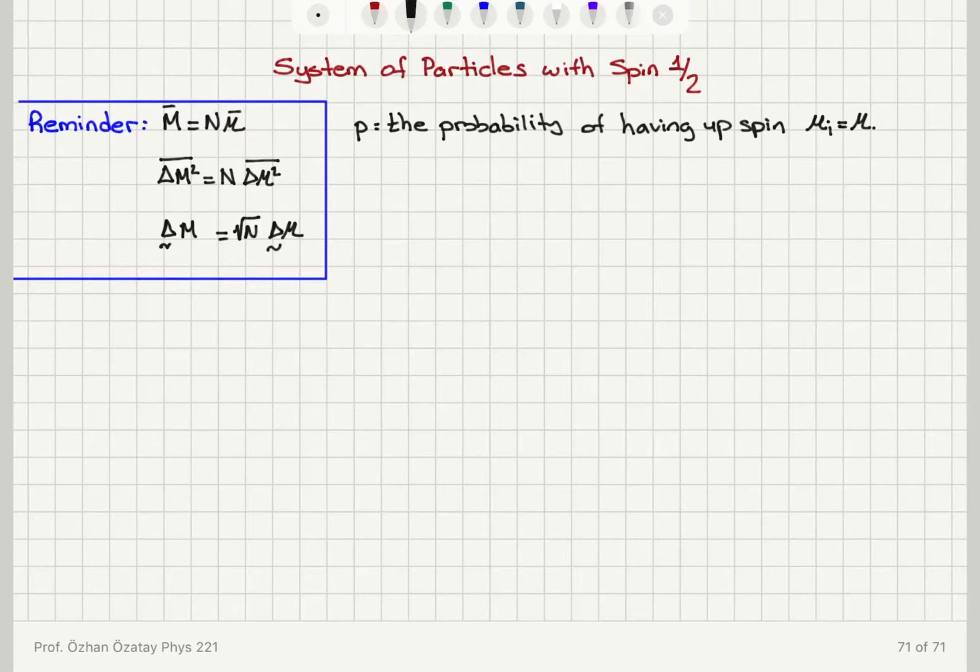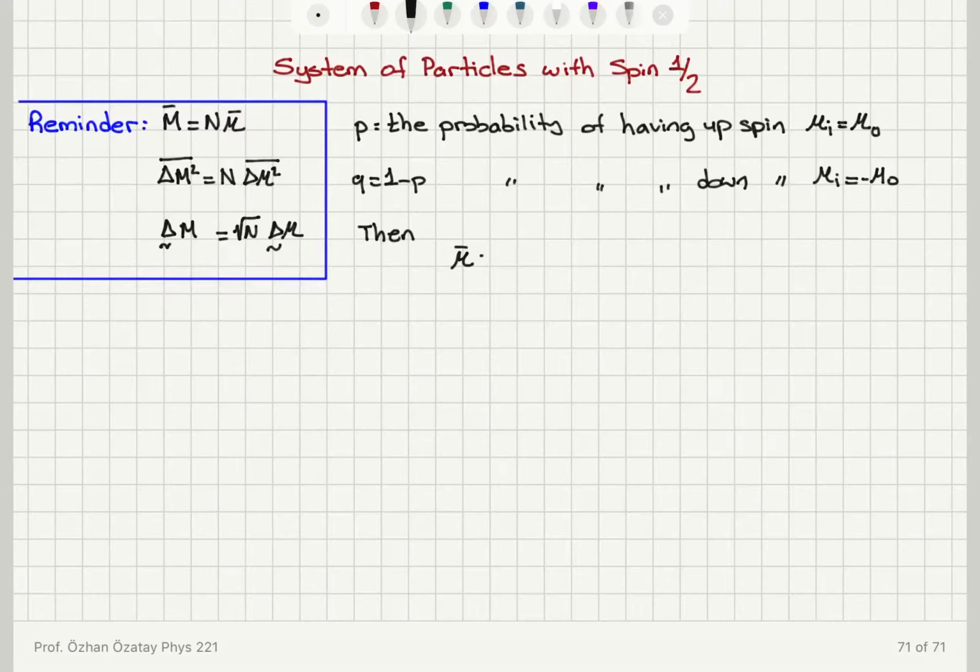It is plus mu 0, and I call Q 1 minus P, that is the probability of having a down spin with the corresponding magnetic moment minus mu 0. Once again, I'm assuming that we have a positive charge here, so positive spin direction corresponds to positive moment. That's my assumption.